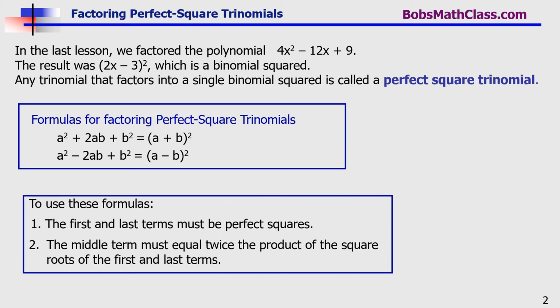So in the last lesson, we factored the polynomial 4x squared minus 12x plus 9. The result was 2x minus 3 squared, which is a binomial squared. Any trinomial that factors into a single binomial squared is called a perfect square trinomial. Here are the formulas.